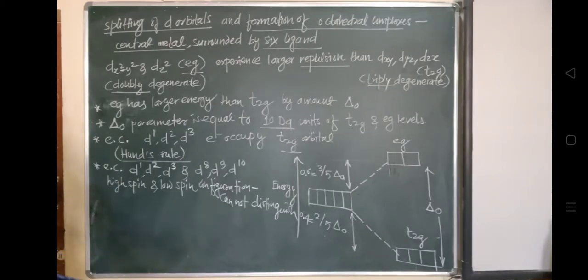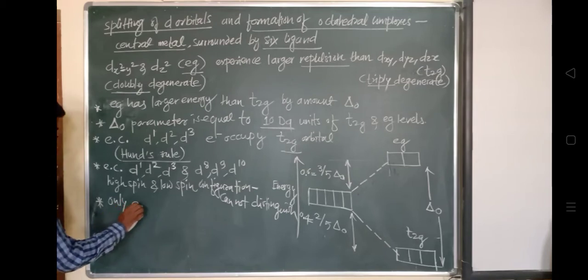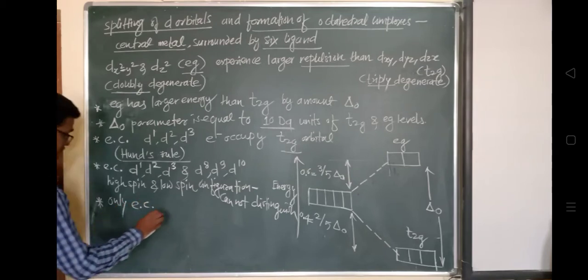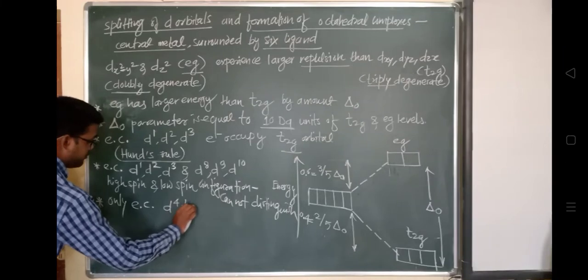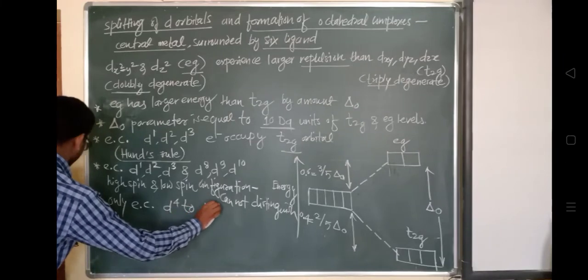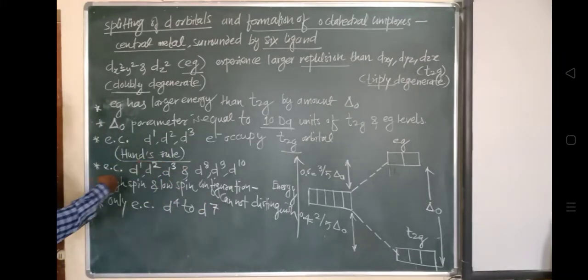Only the electronic configurations from d4 to d7 render high and low spin complexes. So this is very important. That's why we have not written d4 to d7 here.